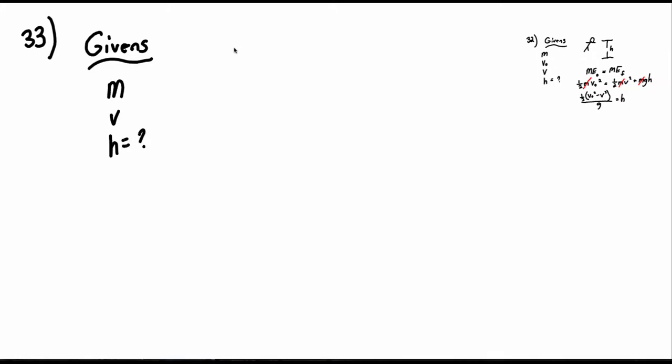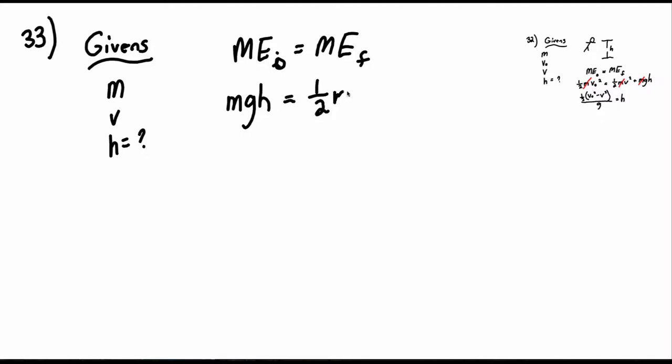Again, we're going to use conservation of mechanical energy. Initial mechanical energy is equal to final mechanical energy. At the very beginning, the energy is just mgh, and at the end, it's 1/2 mv squared. Again, the masses cancel out.